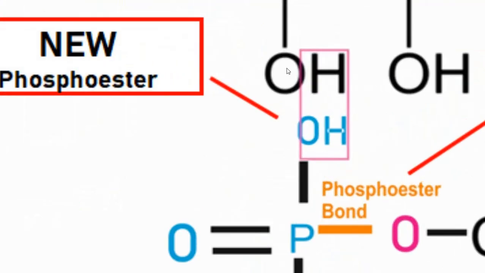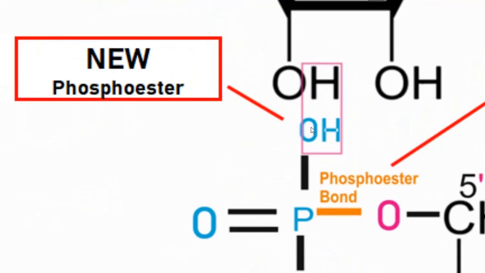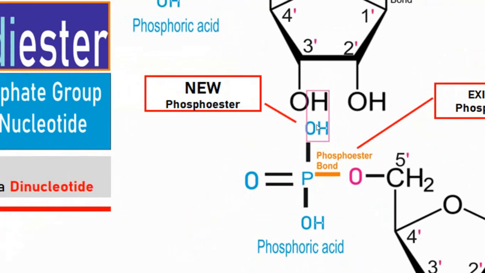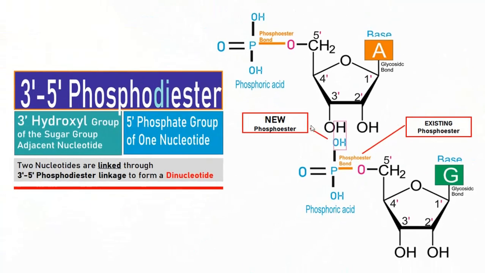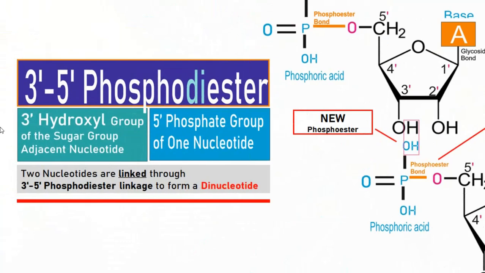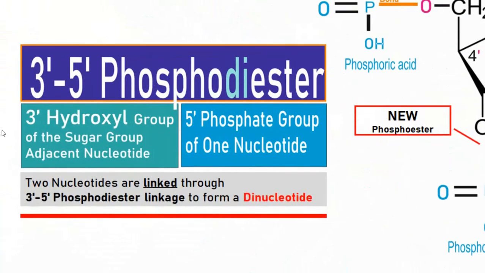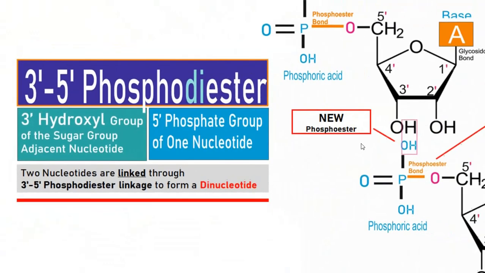Then hydrogen from the alcohol and OH from the phosphoric acid are removed as a water molecule, and a new phosphoester bond is formed here. In conclusion, this 3' to 5' phosphoester bond is formed between the 3' hydroxyl group of one nucleotide and the 5' phosphate group of the other nucleotide. So two nucleotides are joined together by two phosphoester bonds.